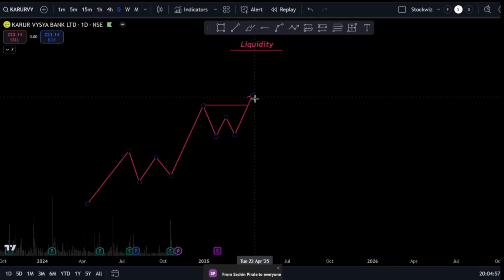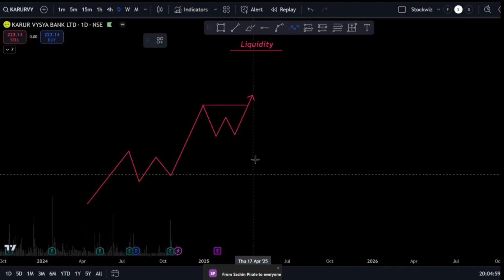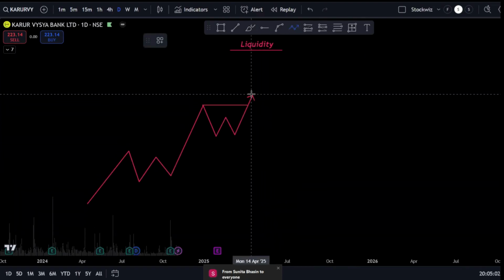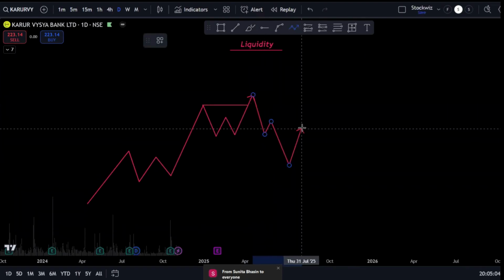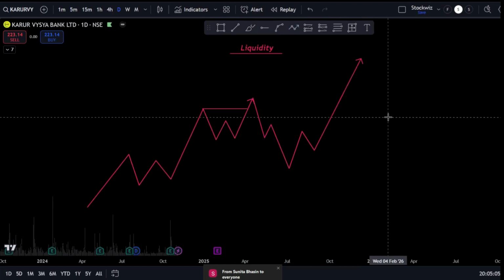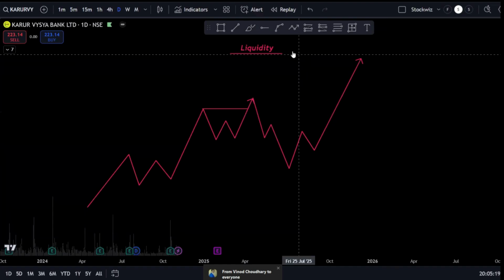Everyone agrees with me. Retail traders are going to go long. Now, you tell me, how many of you have experienced something like this in the market while trading? It happens most of the time.